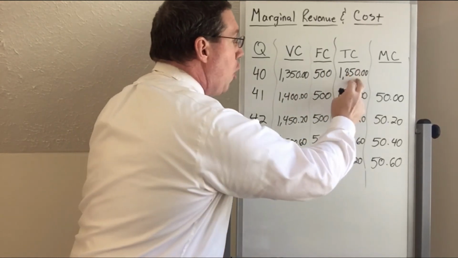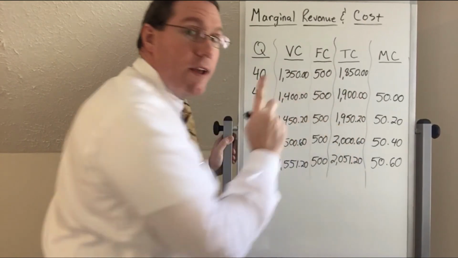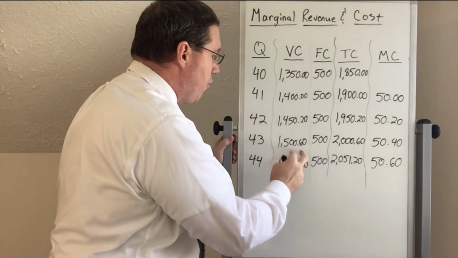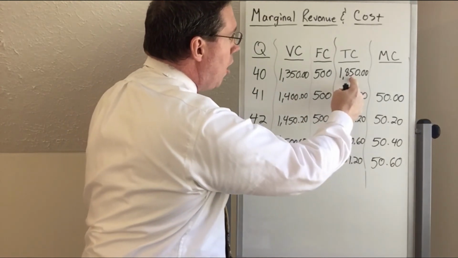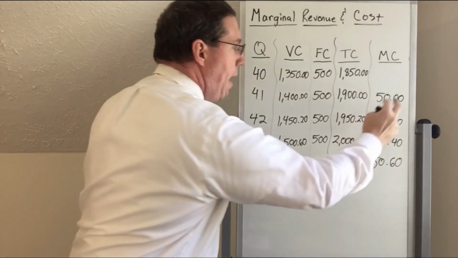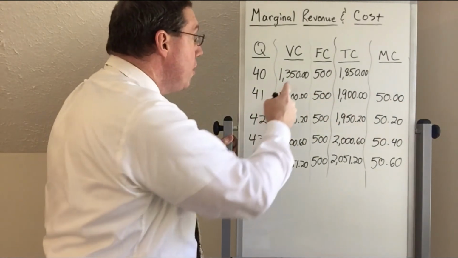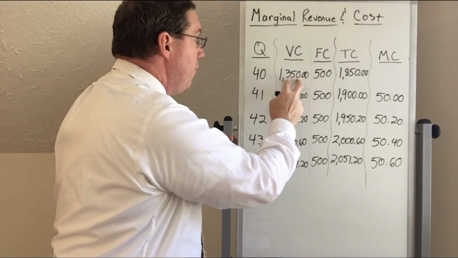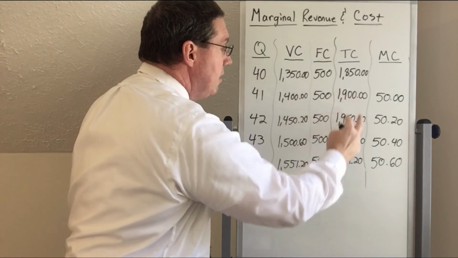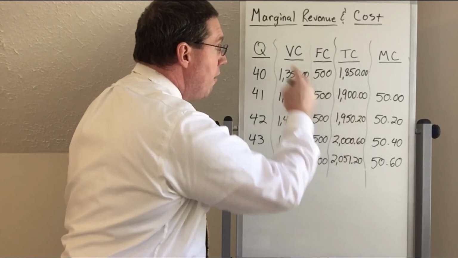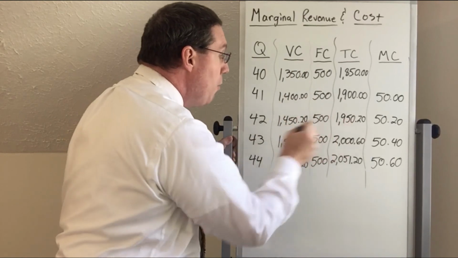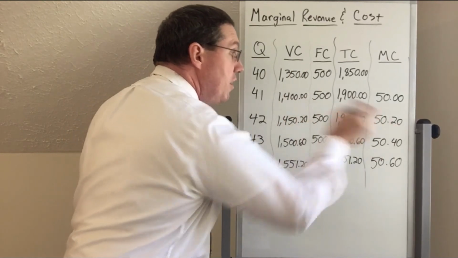Therefore, total cost is increasing by the exact same amount that variable cost is increasing by. You see here, total cost went from $1850 up to $1900. Total cost increased by $50. Well, so did variable cost. It went from $1350 up to $1400. And when total cost went from $1900 up to $1950.20, variable cost went from $1400 up to $1450.20. They went up by the same amount, $50.20.